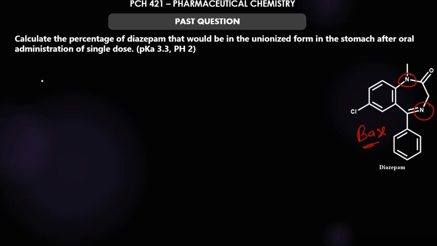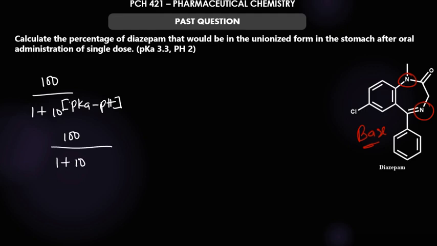Percentage unionized for a base is 100 over 1 plus 10 to the power of pKa minus pH.